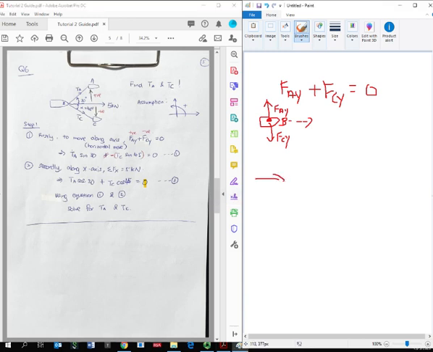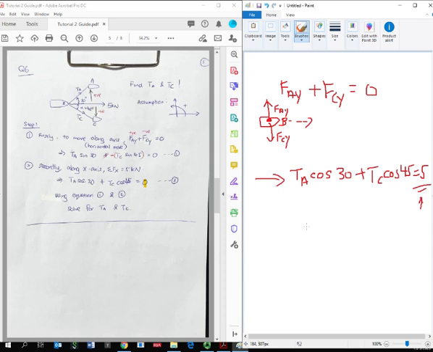The error: TA cosine 30 plus TC cosine 45 equals 5, not 0. 5, the error.